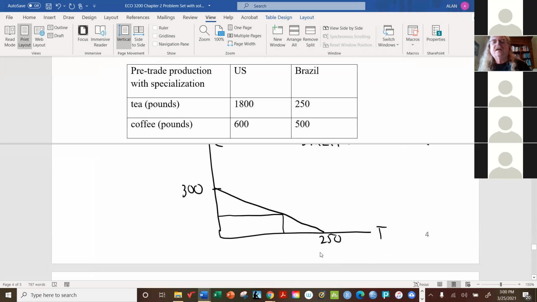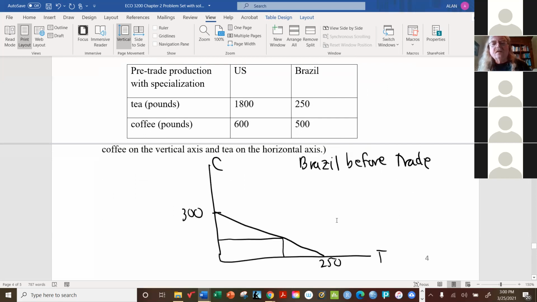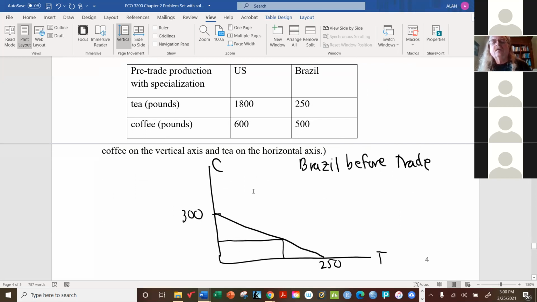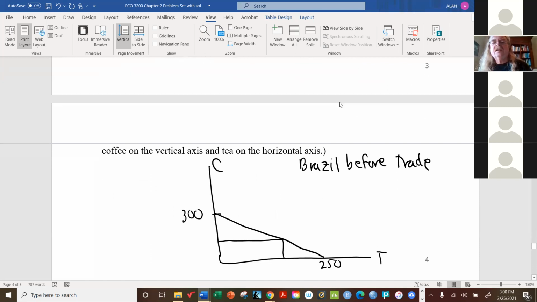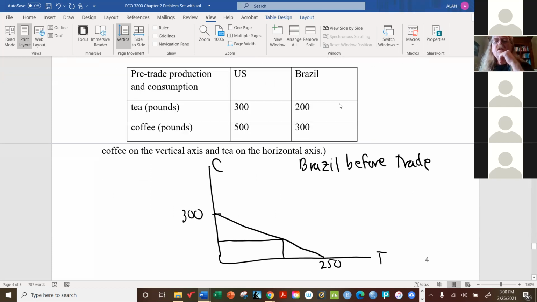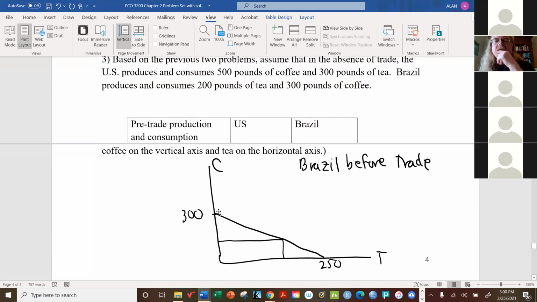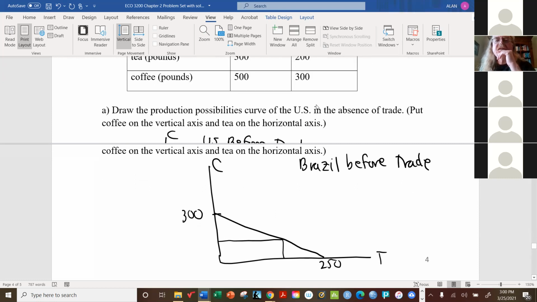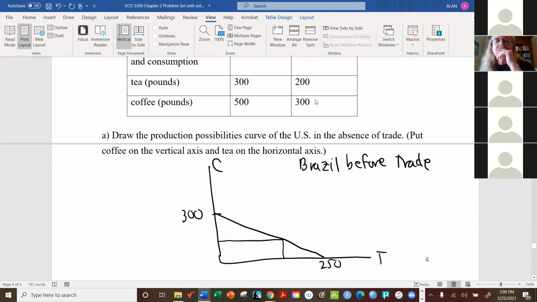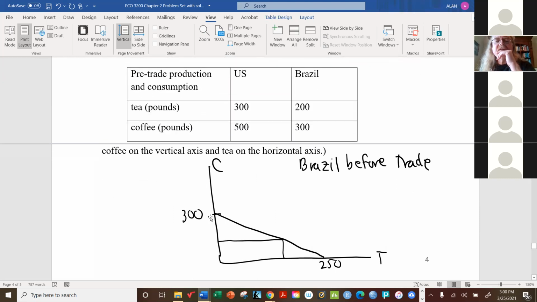Oh, you know what happened? I drew the picture wrong. No wonder. I knew something was wrong. Everything is fine except for this picture. That's how it got screwed up. For a second, I thought I'd done something terribly wrong. No, these numbers are perfectly fine. What was wrong was my picture. I started at 300 when I should have started at 500. All right, so let me fix this diagram.